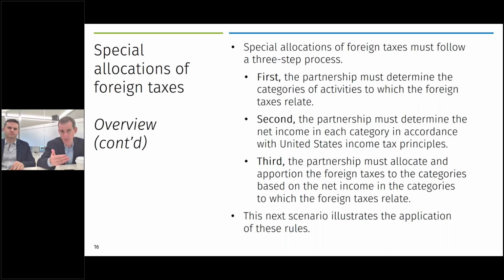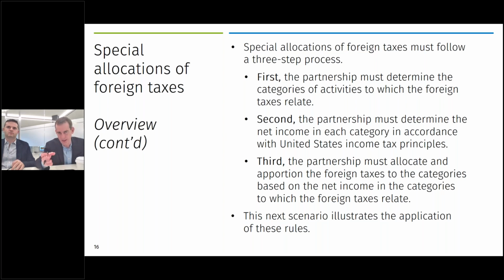So as long as all of the allocations that are in some way related to the foreign taxes are valid from a 704B standpoint, you've satisfied the first one. And then the second requirement is that the foreign taxes are allocated based on the income to which they relate.